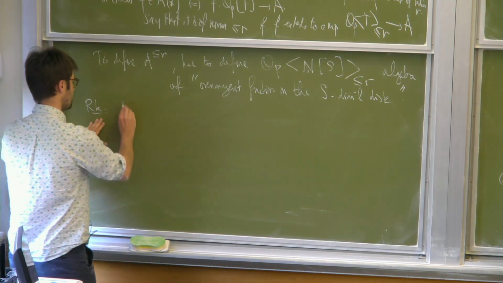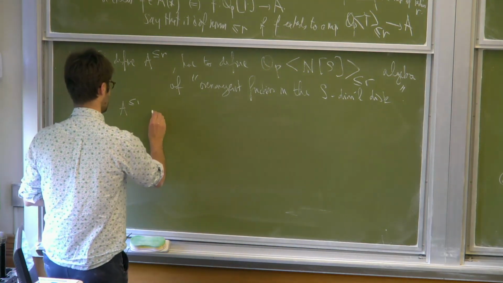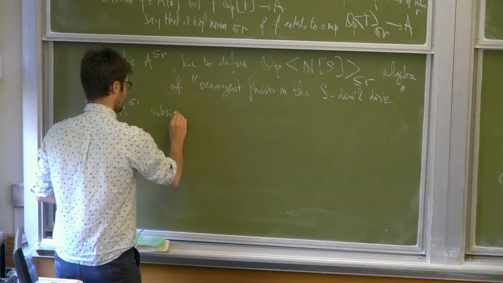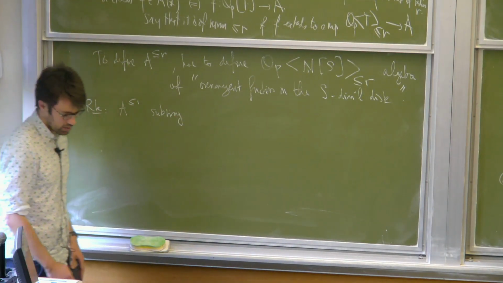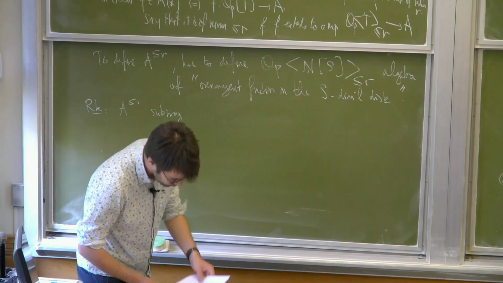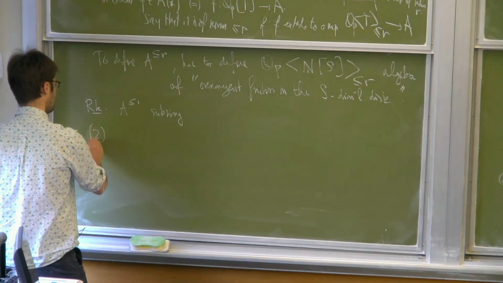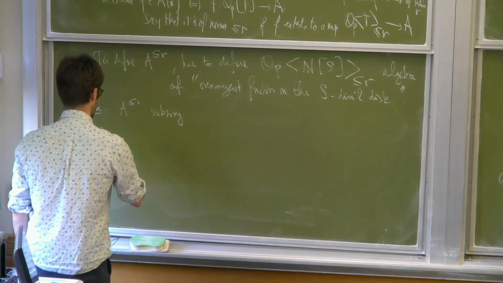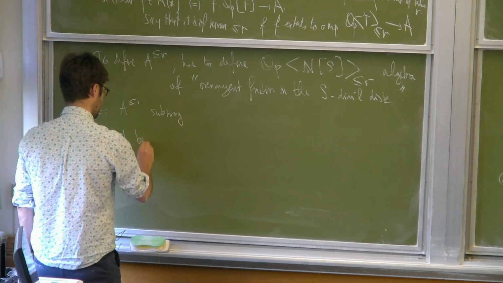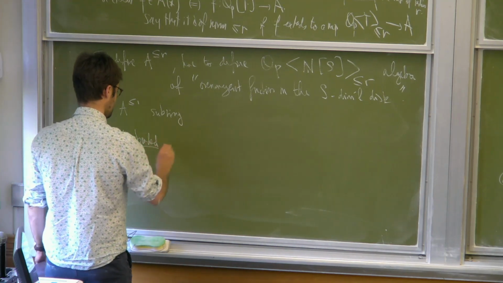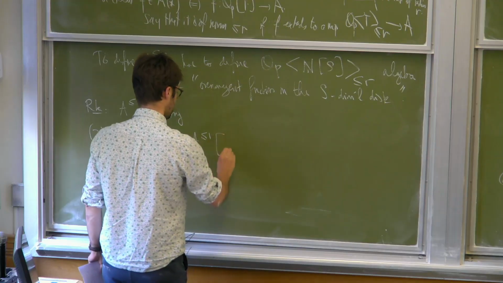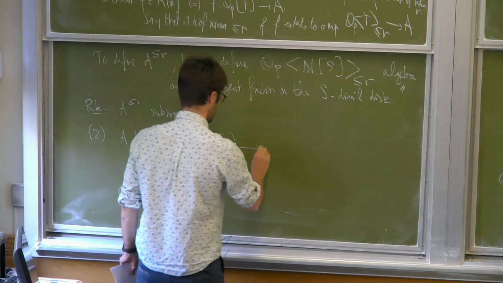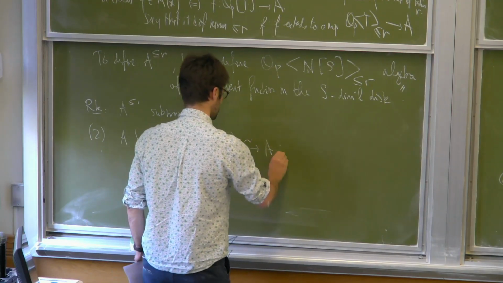Maybe quick, just an observation at this point is that when I take R to be 1, I get a subring of A. And you always have a natural map. You say that A is bounded if the natural map from A less or equal to 1 with P inverted to A is an isomorphism.